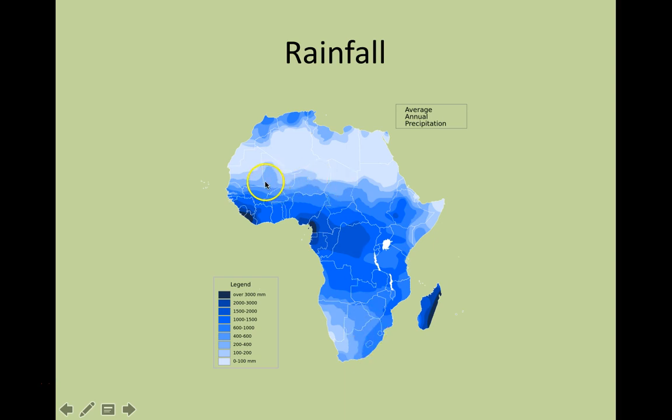Now, the zone here, which is between 200 and 400 millimeters, and here, okay, same thing, these are areas where it's possible to pasture animals, but not to grow grain, not to grow any kind of foodstuffs. Really, agriculture is not very possible there. And so these have historically been regions dominated by pastoralists.